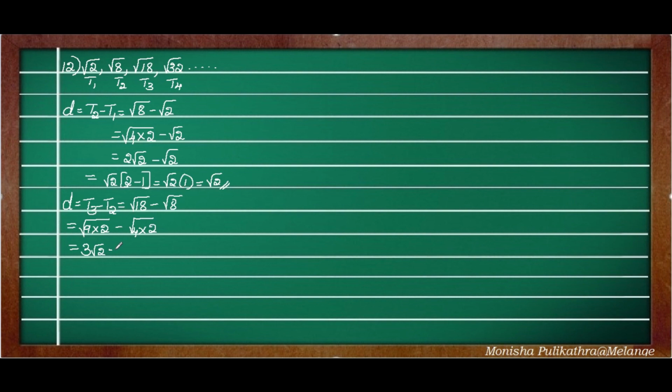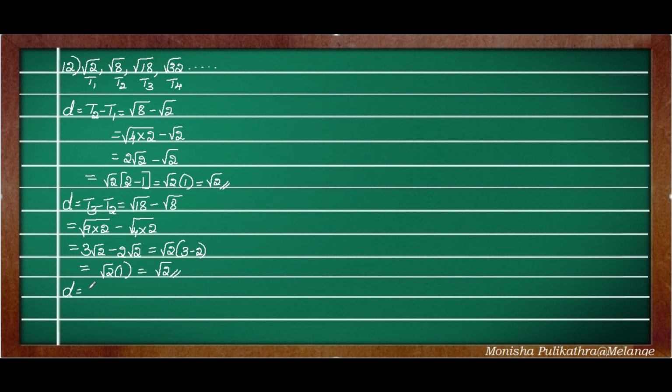So 3 root 2 minus, if we take 4 outside, it will become 2 root 2. Right? Here root 2 is common. When we take the common term, the remaining will be 3 minus 2. So root 2 into 3 minus 2 is 1. So again the common difference is root 2.